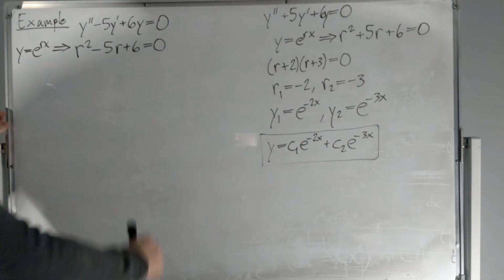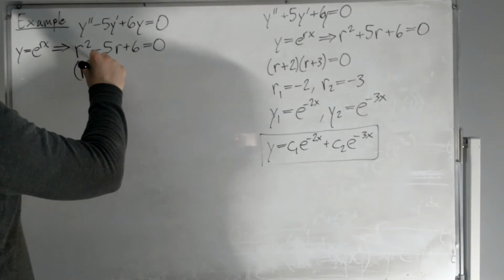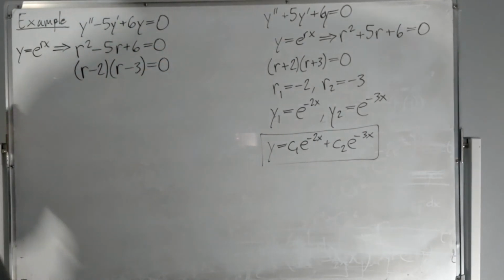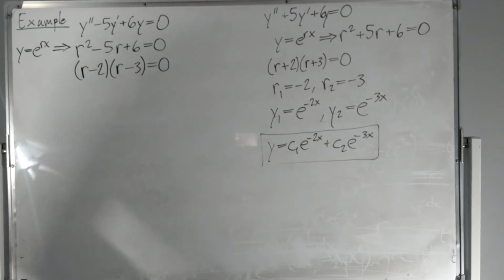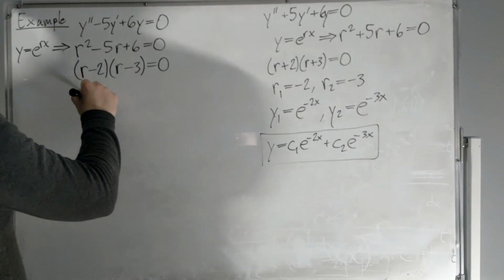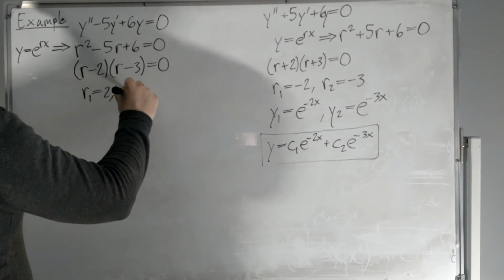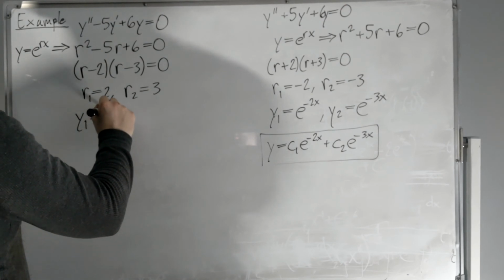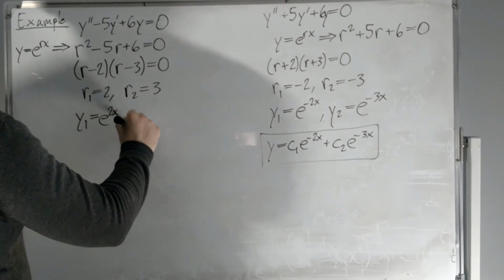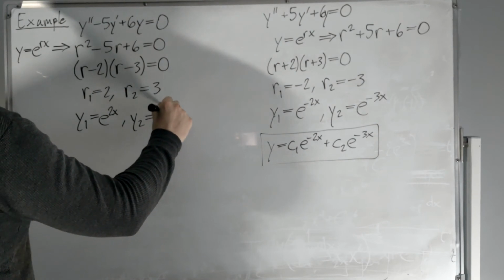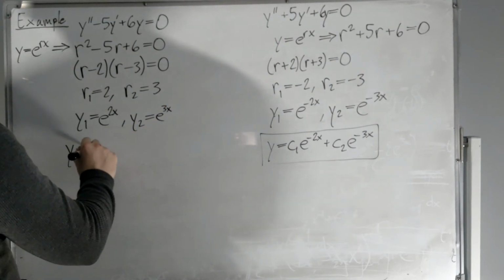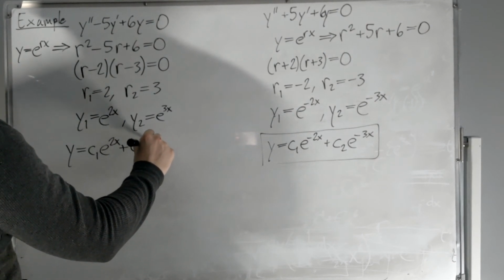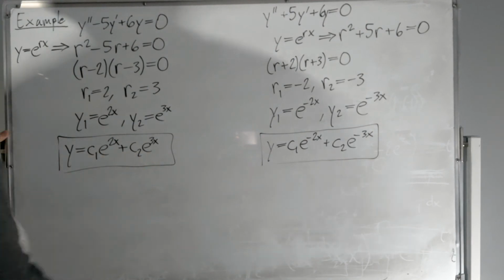That factors as r minus 2, r minus 3 equals 0. And then you get two roots here, 2 and 3. These give rise to two different solutions to the ODE, e to the 2x and e to the 3x. And then the general solution is c1 e to the 2x plus c2 e to the 3x. And that is that.